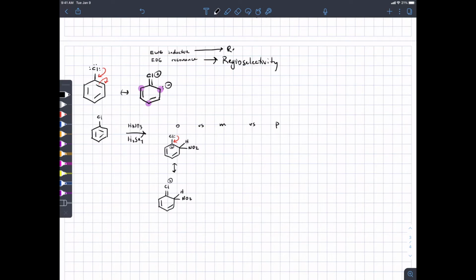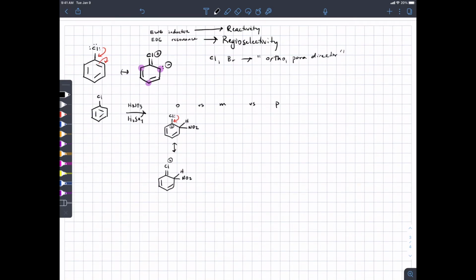But for reactivity, faster or slower than benzene, the inductive effect is more important. So yes, chloro and bromo are going to be what we call ortho and para directors, in the sense that the intermediates that precede ortho and para substitution are stabilized by resonance.